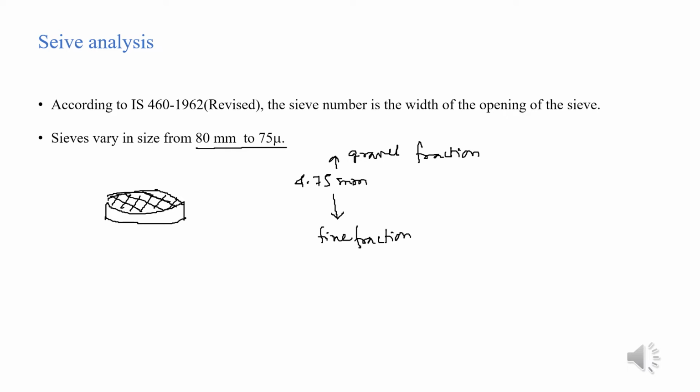The gravel fraction of soil is usually subjected to coarse sieve analysis. Usually a set of sieves of 80 millimeter, 20 millimeter, 10 millimeter and 4.75 millimeter is kept for this coarse sieve analysis. The fraction which passes through the 4.75 millimeter sieve is subjected to fine sieve analysis, and if it is sand, we undergo this fine sieve analysis.